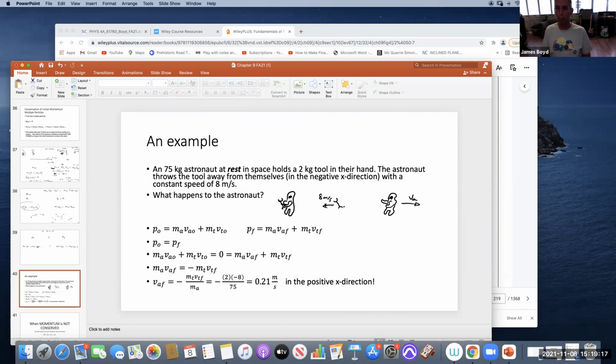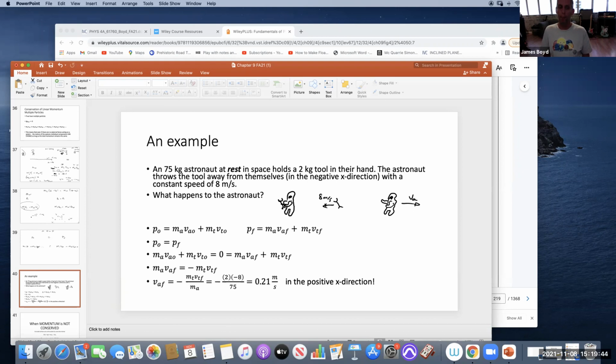So how much momentum is this thing carrying in this direction? 2 times 8, 16 kilogram meter per second. Therefore, the astronaut has 16 kilogram meter per second of momentum going the other way. If you want the velocity, you take that 16 and divide it by their mass, 75. It ends up being 0.21, headed to the right.